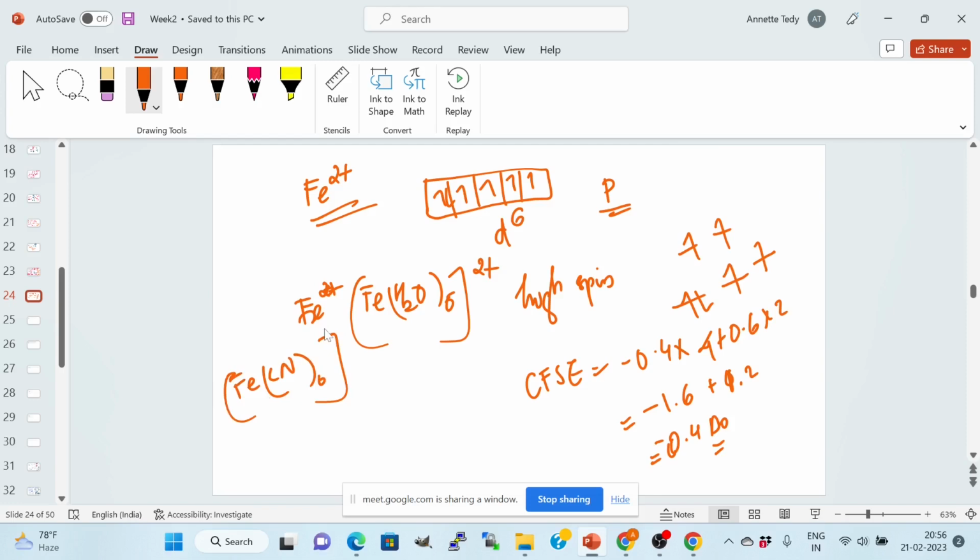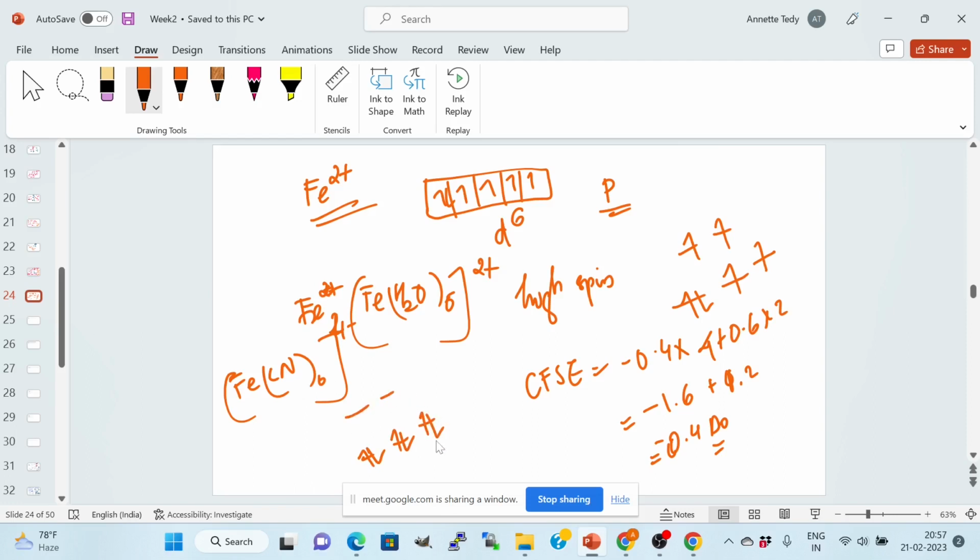But if I was talking about [Fe(CN)6]4-, in this case Fe2+ will be in low spin because it is coordinating with a strong field ligand like CN.